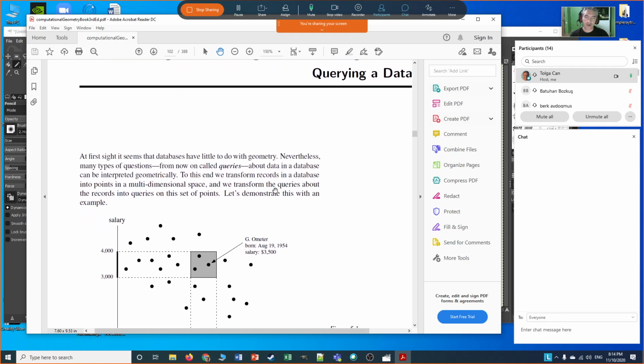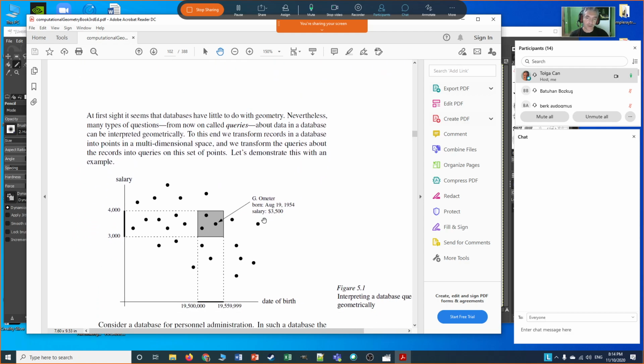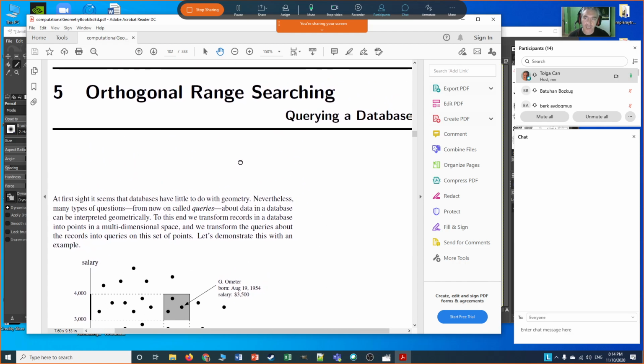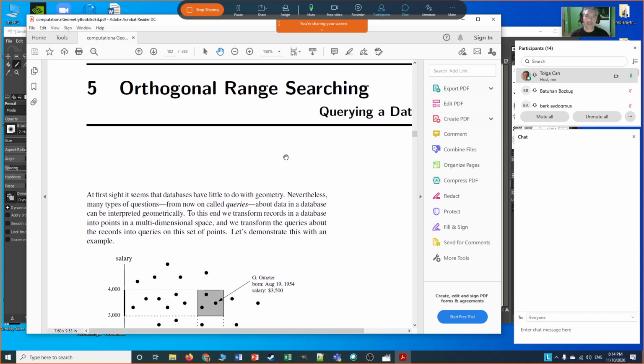These are basically higher dimensional index structures that allow you to make windowing queries on higher dimensional data sets. So that will be something interesting.